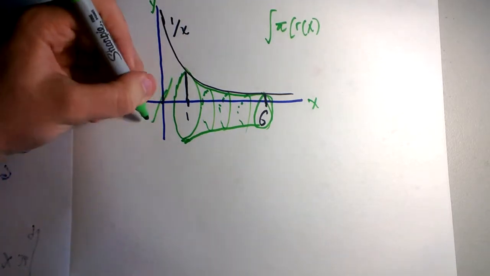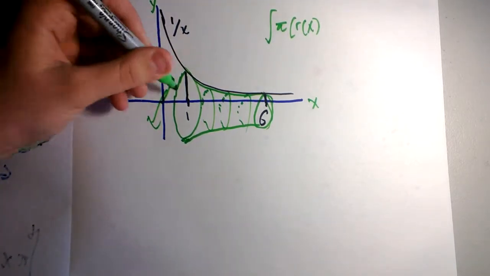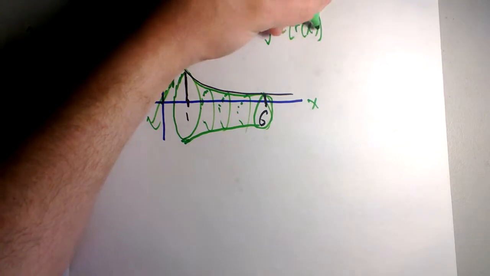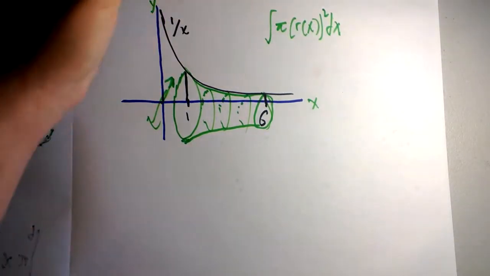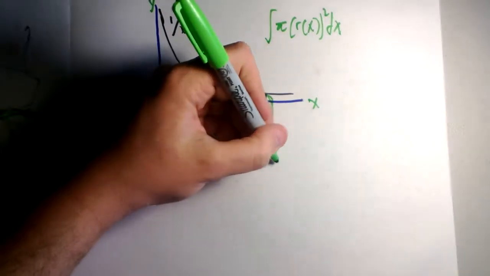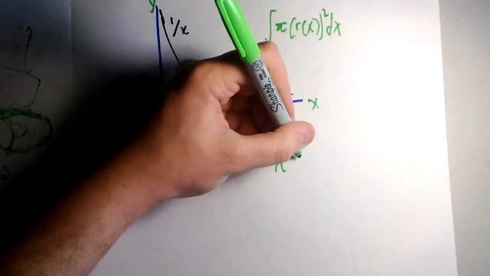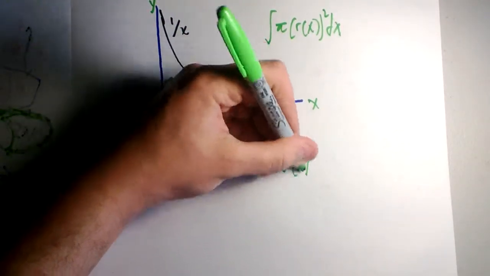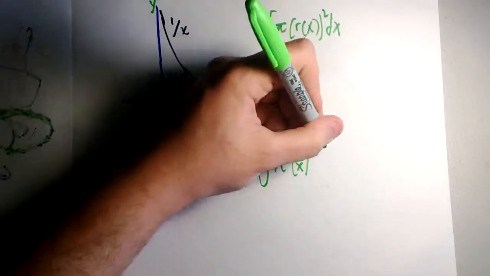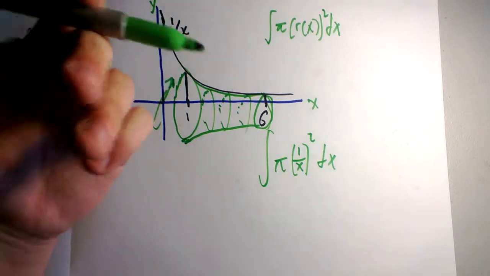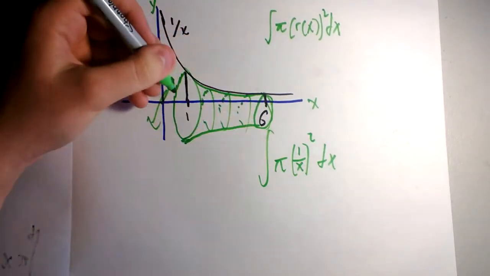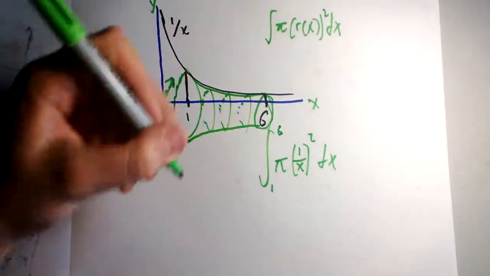And technically we have a z-axis, but it doesn't really show up because we're just rotating an object. So it's this thing squared dx. All right, so what is r of x in this case? It's 1 over x. So it's the integral of pi 1 over x squared dx. All right, we're making progress here. We can factor out the pi. Oh, and wait, one more thing. 1 to 6. We can't forget that.